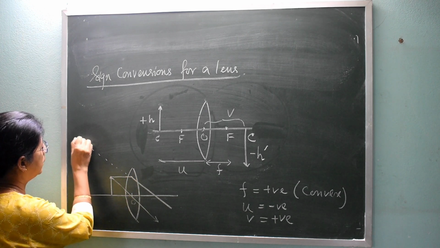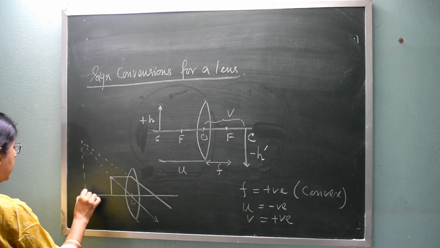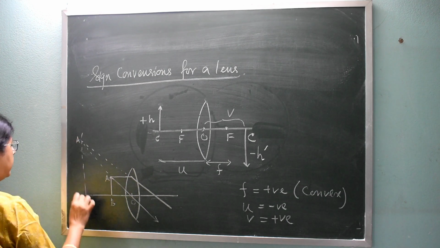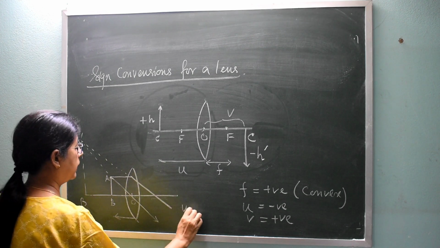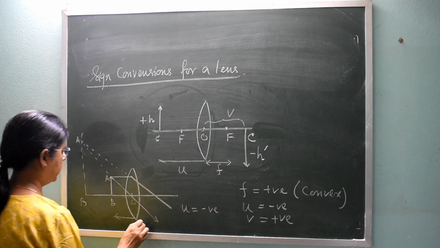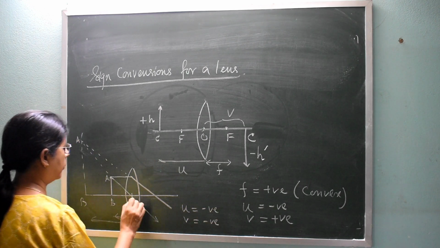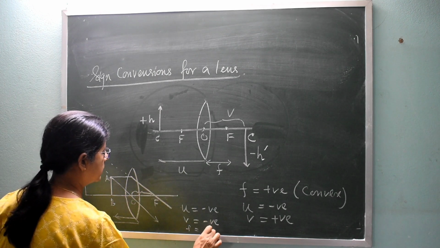If these two rays are drawn backward, they appear to meet at this point. This will be the image of the object. In that case, the object distance u will be negative, the image distance also will be negative, and the focal length will be positive.